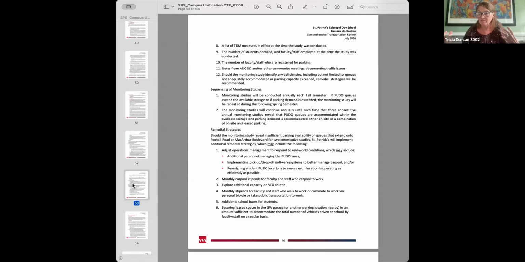When this opens up, you're probably not going to be much more than you are now. So when we talk about the monitoring studies, it says if we do 3 monitoring studies in 3 consecutive times, which could be annually, you don't have to do it. I think because the cap, as we approach the cap is when we're going to see more trips.